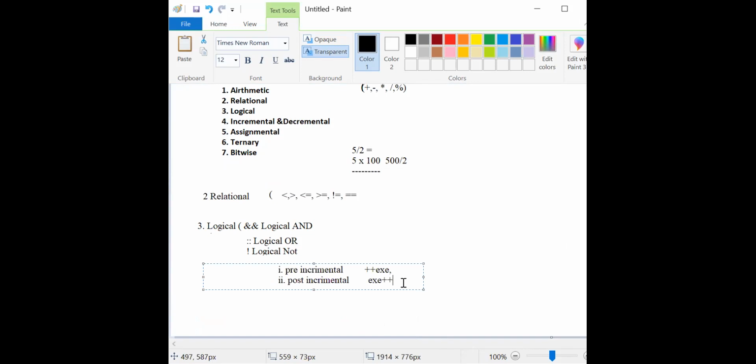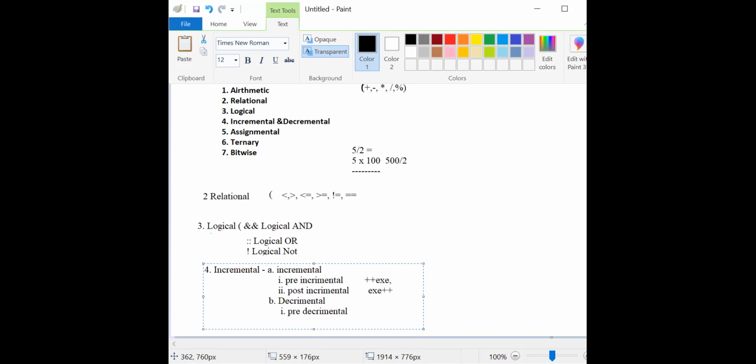And here you just have to take the decremental. Decremental can also have pre-decrement and post-decrement. Pre-decremental in the sense, what is that?